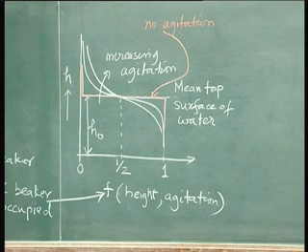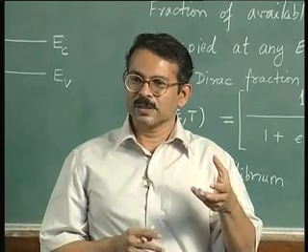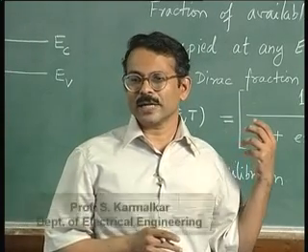So, this is an analogy where the water in the beaker is analogous to electrons, the beaker volume is analogous to the allowed energies, the height is analogous to the energy, okay. Agitation is analogous to temperature, and the fraction of beaker volume is analogous to the fraction of occupied states.